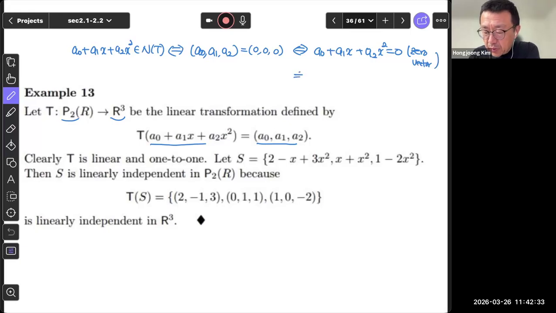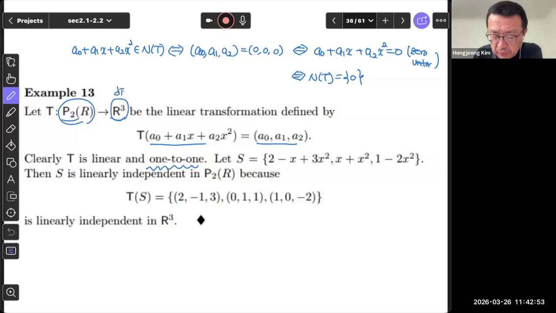So that means the null space contains only 0, right? So the mapping will be 1 to 1. It is 1 to 1, and the dimension of the domain and the dimension of the codomain are the same. The dimension of P2 and the dimension of R3 are both 3. So if your linear mapping is 1 to 1, it will be onto as well.